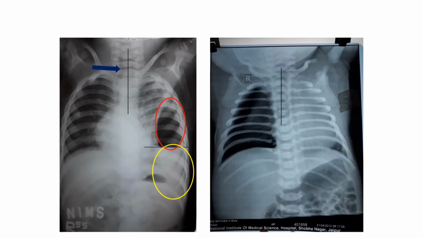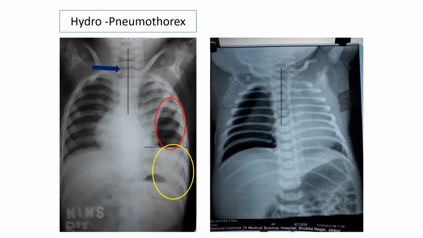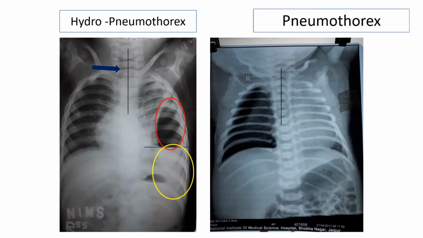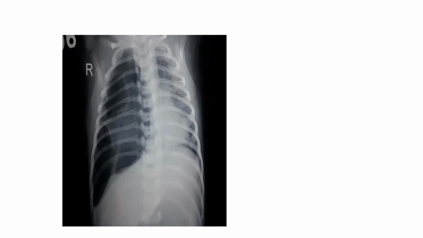So this is pneumothorax and this is hydrothorax. So overall this picture is hydropneumothorax. And in this picture you can see that the trachea is slightly shifted to the medial side, and this is pneumothorax.